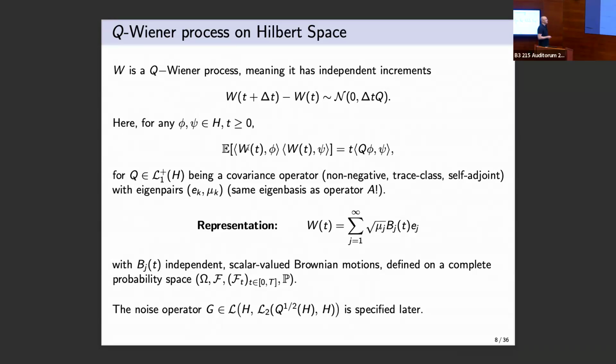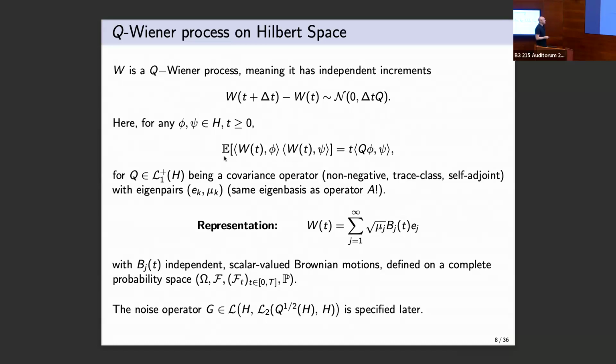So if I take the inner product of my driving noise with some functions in the Hilbert space, phi and psi, then this is the expectation of two scalar valued random variables. And you have this relation, which is equal to the expression that I have here. So it's a quadratic form of the operator multiplied with t.